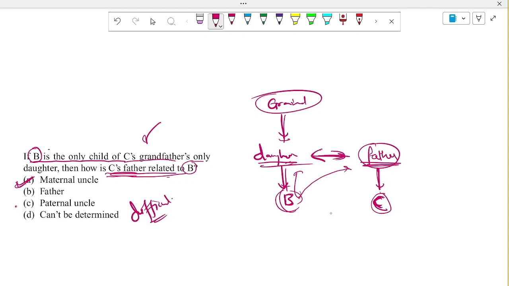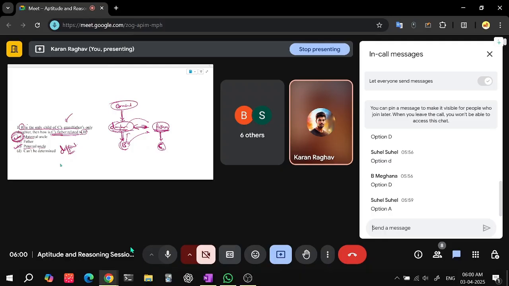Father's brother is called as paternal uncle. Mother's brother is maternal uncle. Father's brother is paternal uncle. Here the question is mother's brother. So it is maternal uncle. Answer is A. Okay. I hope this was clear.